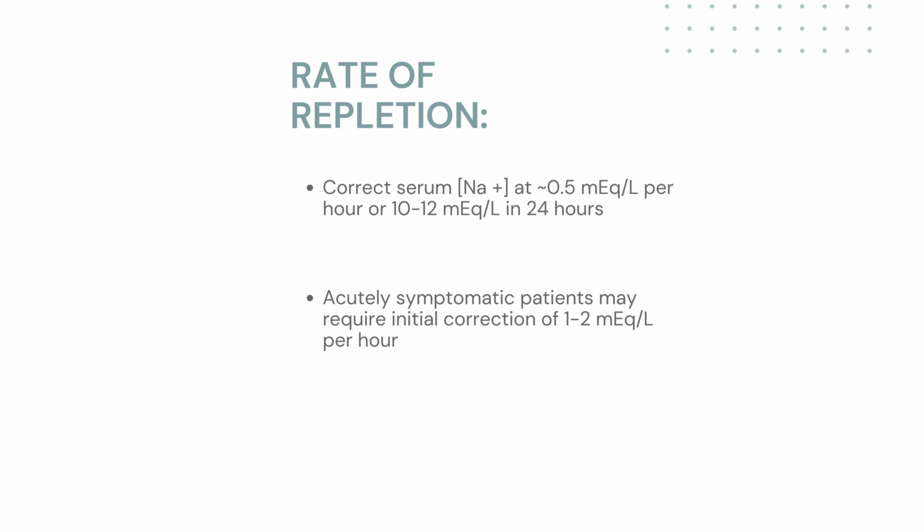One thing we should note is that the rate of 0.5 milliequivalent per liter is not backed by any human studies yet, but it is a safe rate to correct the hypernatremia. And if we go beyond this rate, it is only harmful for infants, not in adults.